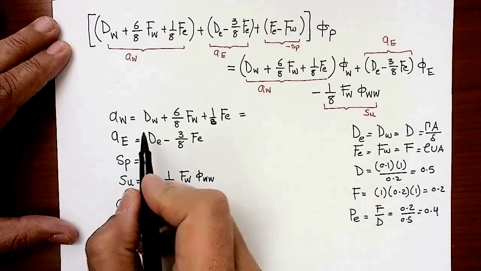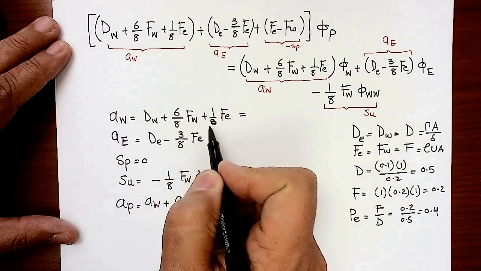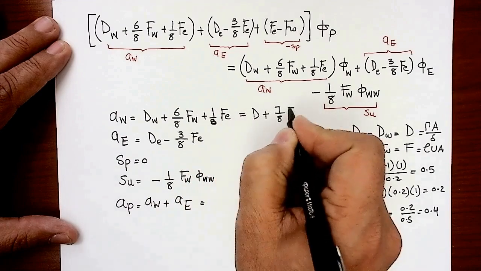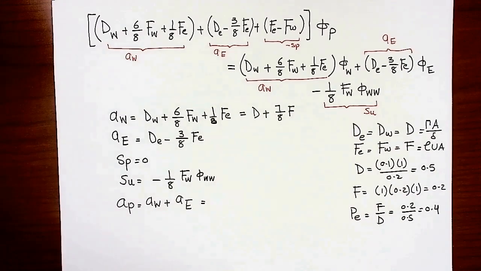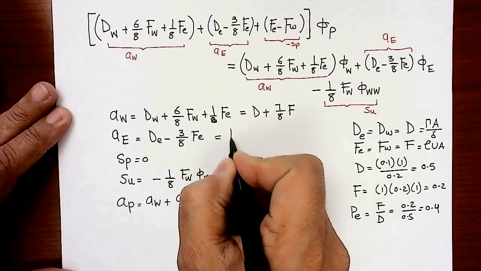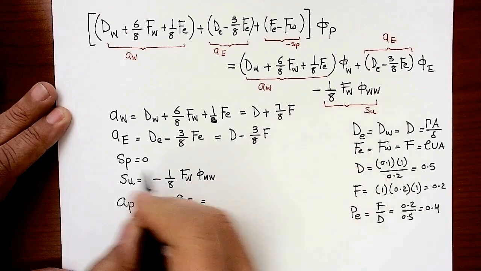So I can simply say this is 6 over 8, 7 over 8, so that's actually D plus 7 over 8 F. Then this will be D minus 3 over 8 F. Then this is 0.